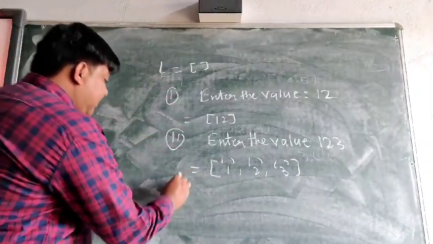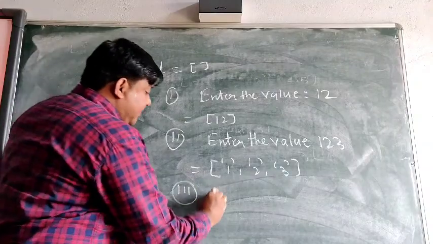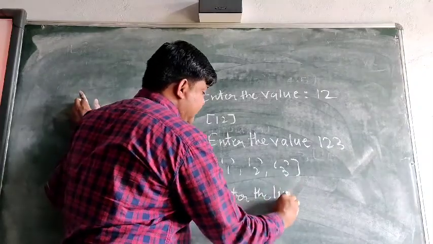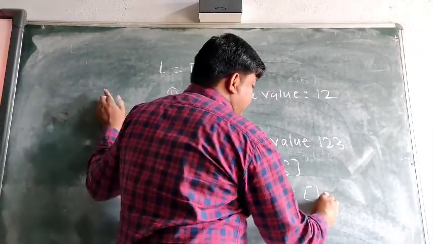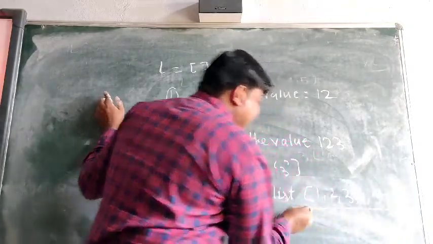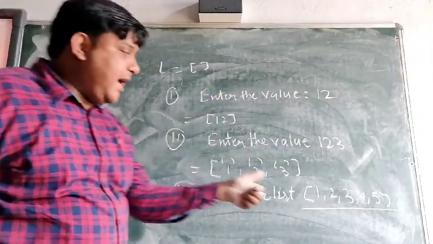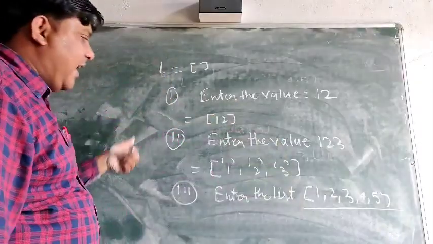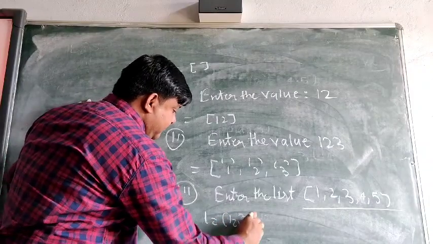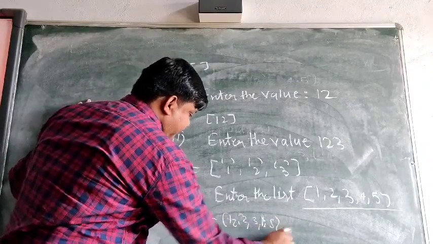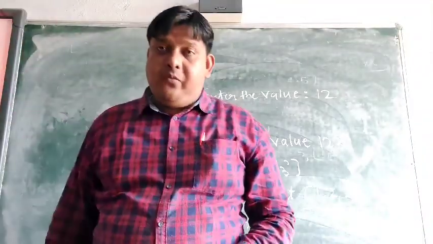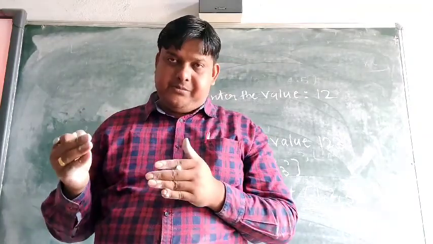The third way, you may ask enter the list, and the user has given in this format 1 comma 2 comma 3 comma 4 comma 5, and the same way as the user has given, it will be added into the list. The value of L will become 1 comma 2 comma 3 comma 4 comma 5. Clear? So these are three different ways, with three different syntaxes.